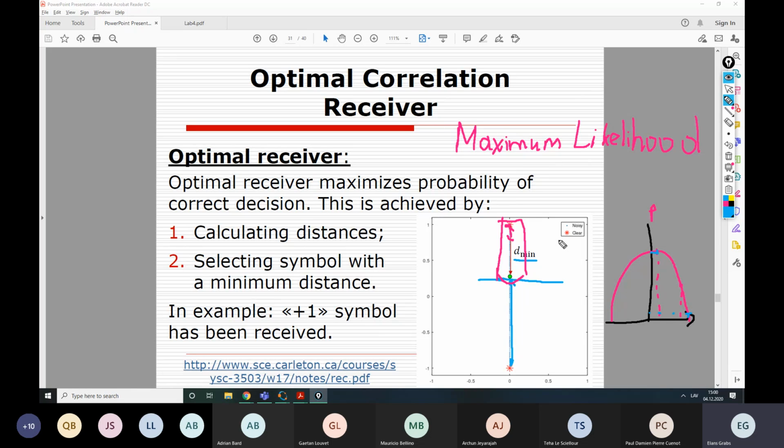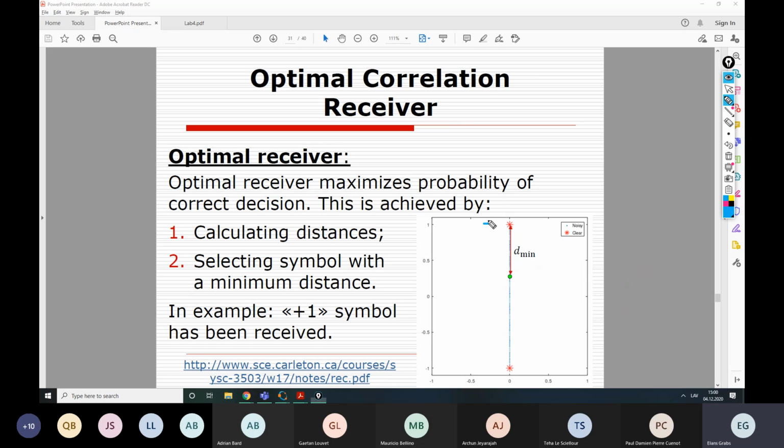So this maximum likelihood principle operates on the probabilities, and it assumes that it's much higher probability that this point originally belonged to this point rather than it has been converted before because of the very strong noise from this point. So in this example, +1 symbol has been received when we have received this point.